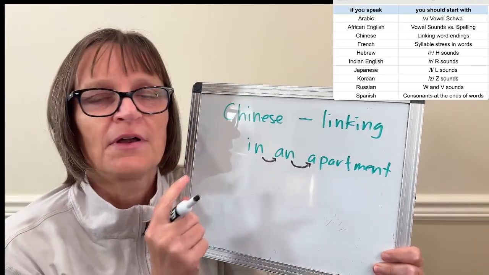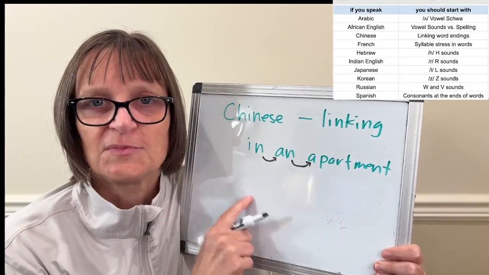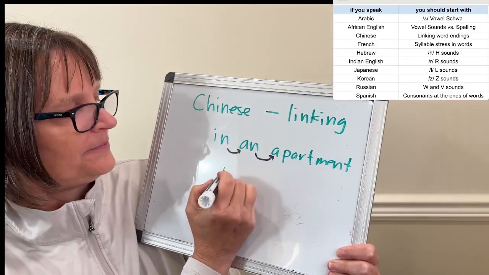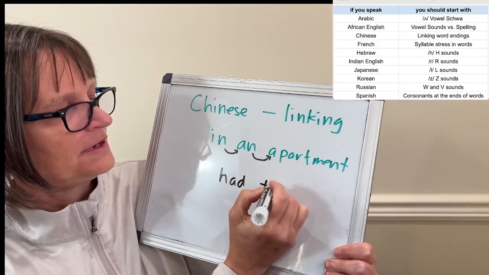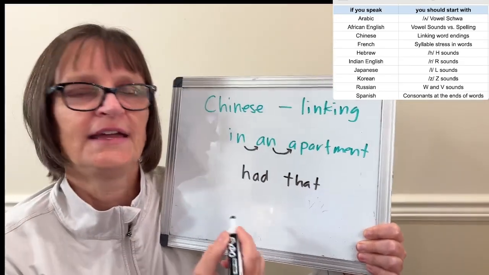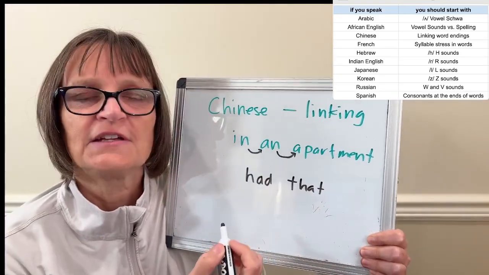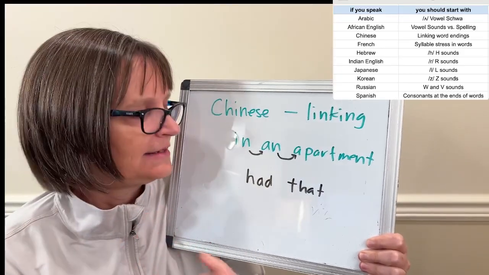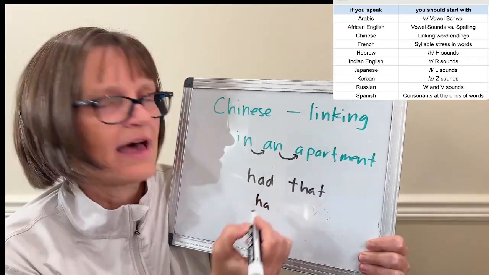So learning about how to link specific sounds like the N at the ends of words. Also, Mandarin and Cantonese speakers may tend to say, when there's consonants linking together, rather than "had that," I might hear "ha that," or just "hat that."